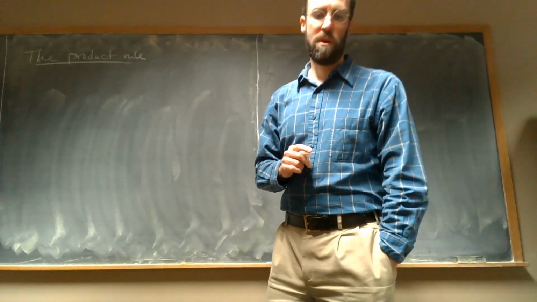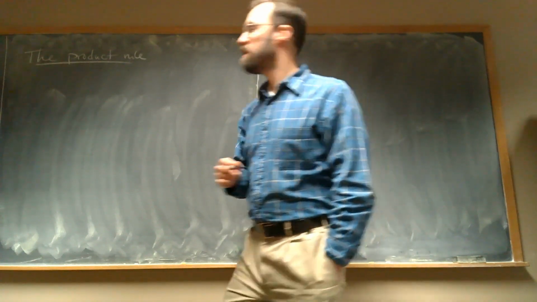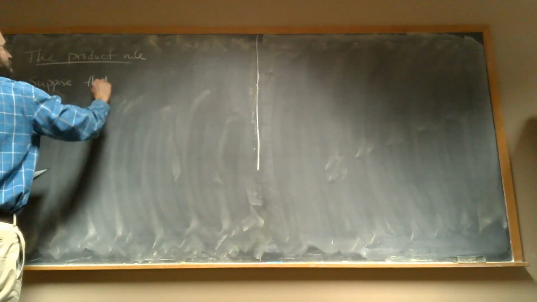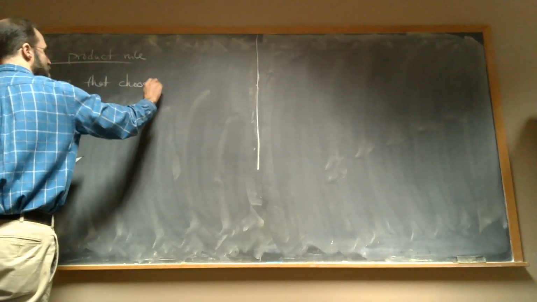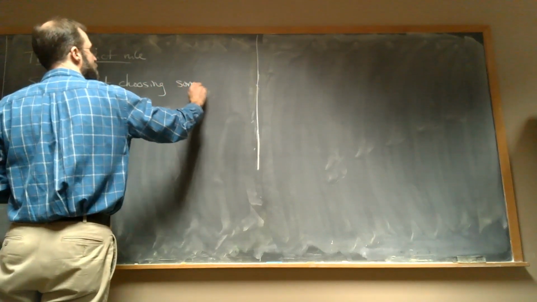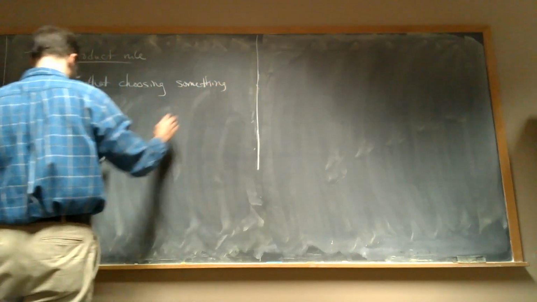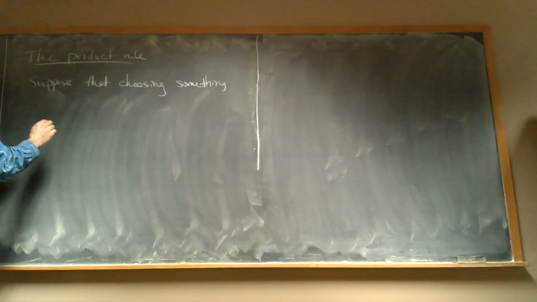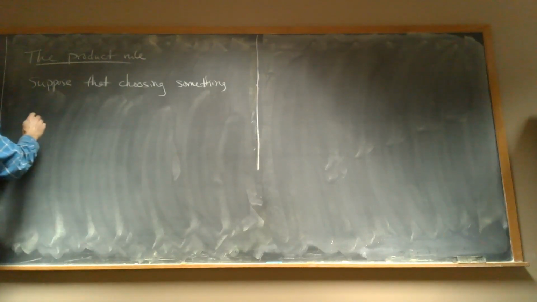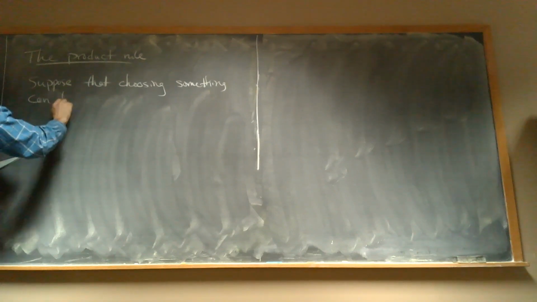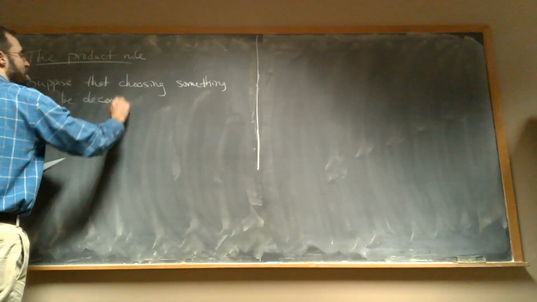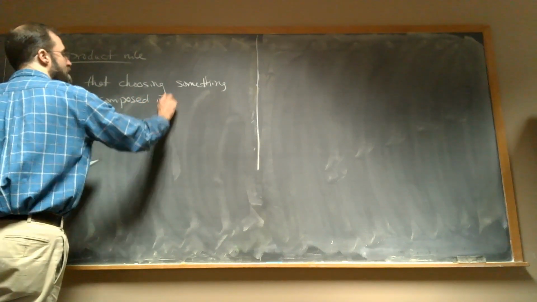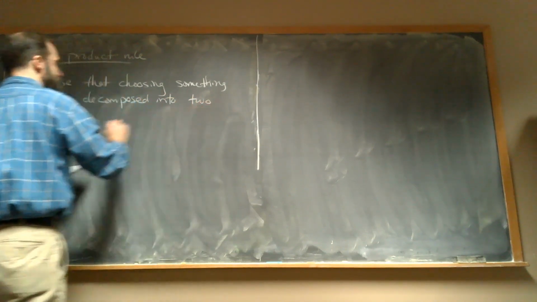Okay, so the product rule says this. Suppose that choosing something can be decomposed into two independent choices.